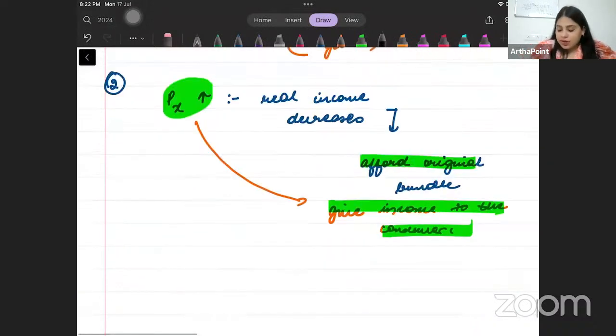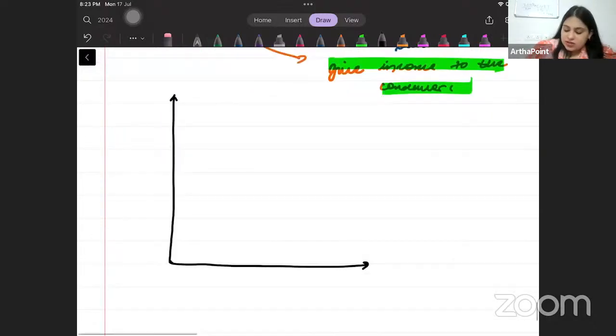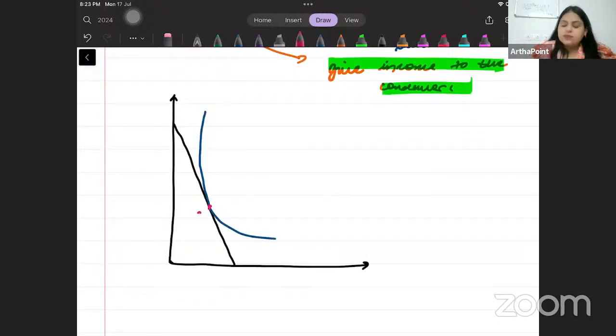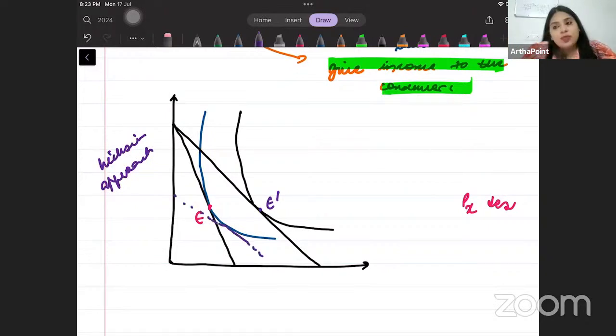Similarly, if you remember, just see this diagram. Suppose this is the initial equilibrium point, point E. Let's say the price of the good decreases. I move to the final bundle here, somewhere here. This is point E dash. When I want to analyze the substitution effect, even via the Hicksian approach, I go back by holding utility constant at the new prices.